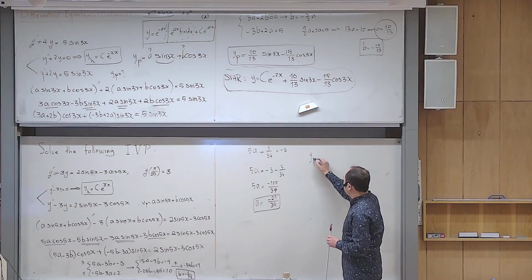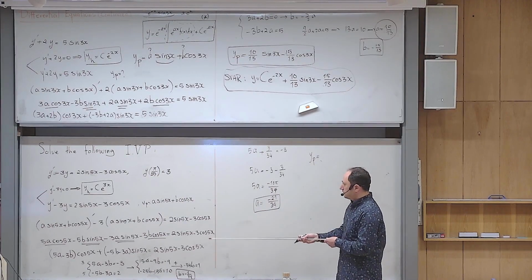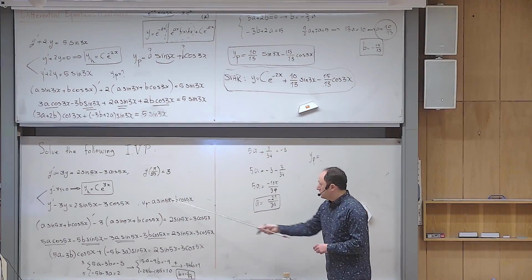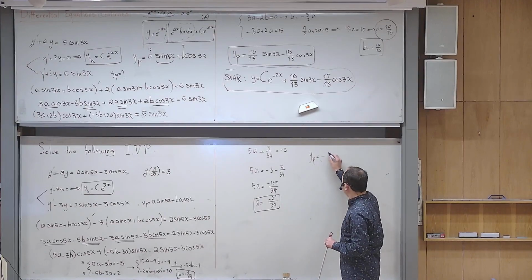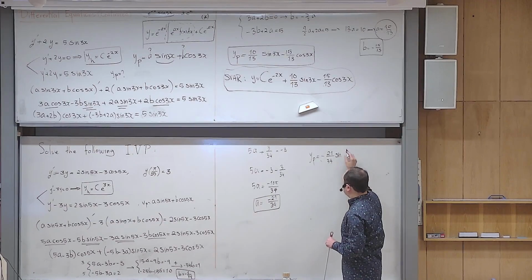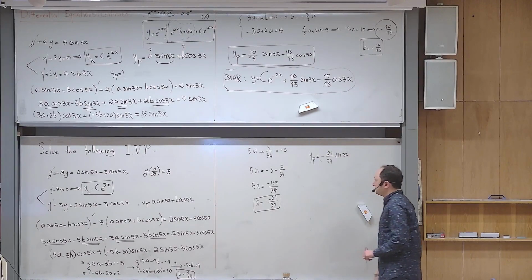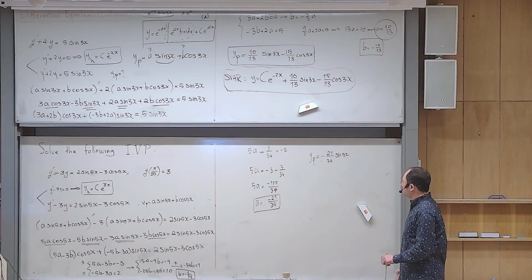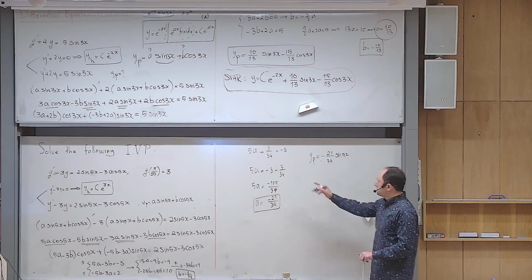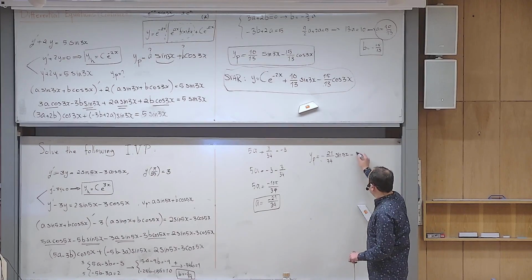And then yp is equal to, what was my yp? It was a times sine 5x. This is minus 21 over 34 sine 5x, and then plus b, which is minus 1 over 34 cosine 5x.